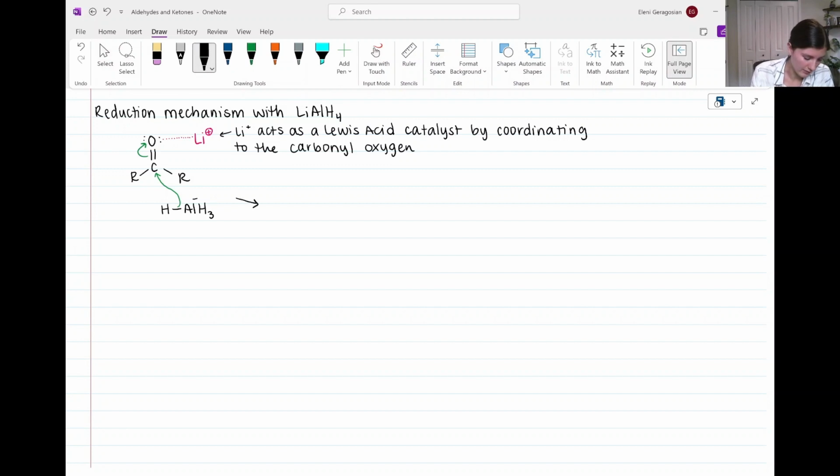So the product of this step, we've broken the pi bond, we still have the carbonyl carbon bonded to 2 R groups, and now this oxygen has a negative charge because it gained ownership over electrons in the pi bond, and we have a new bond to the hydrogen from aluminum hydride.